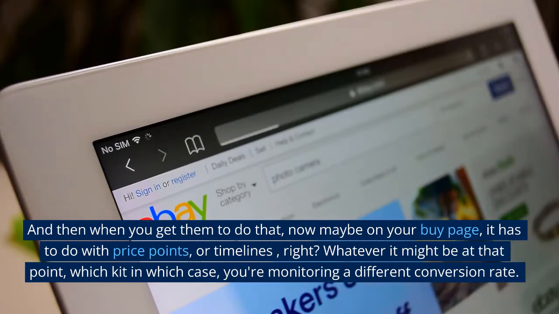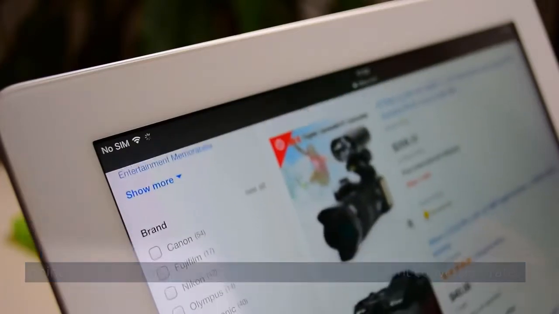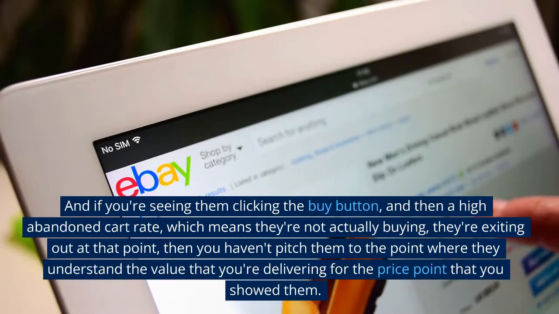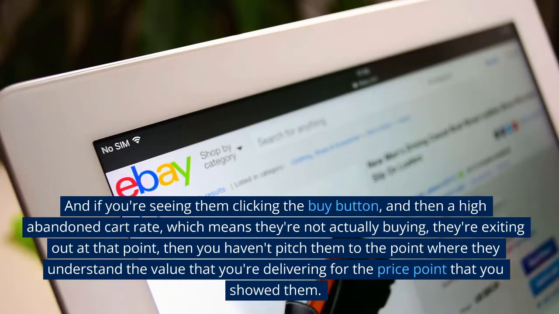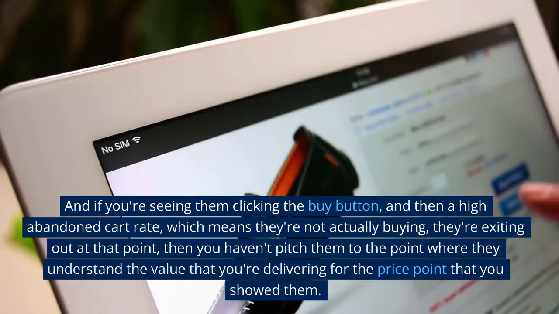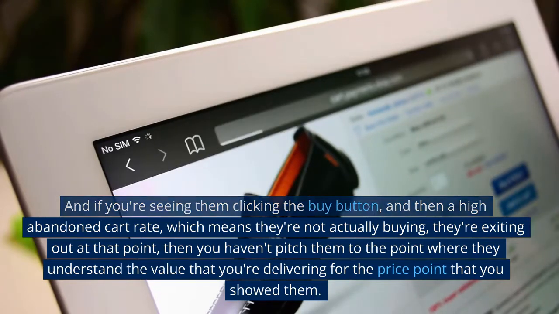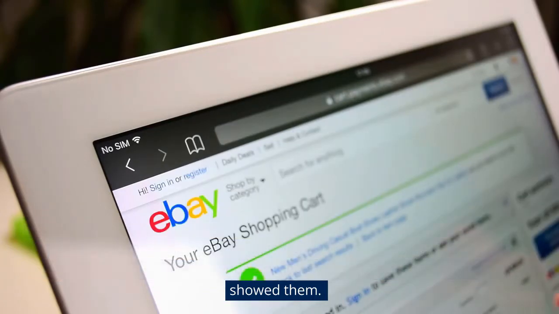Whatever it might be at that point, in which case you're monitoring a different conversion rate. And if you're seeing them clicking the buy button and then a high abandoned cart rate, which means they're not actually buying, they're exiting out at that point, then you haven't pitched them to the point where they understand the value that you're delivering for the price point that you showed them.